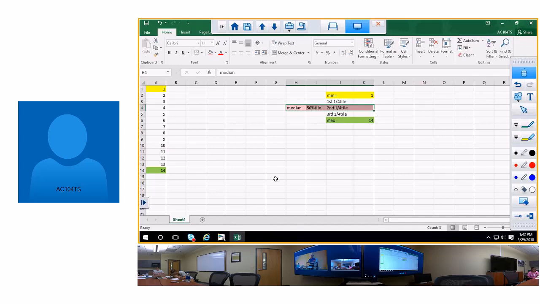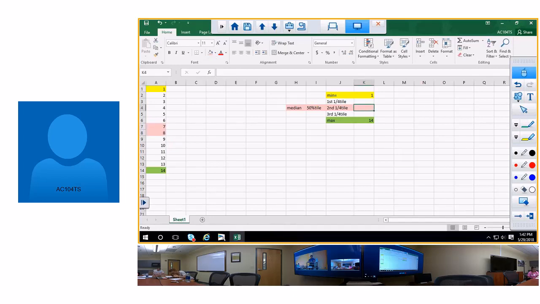Well, we've got 14 numbers, so we're going to have to add the middle 2 together and divide by 2. Let's count. 1, 2, 3, 4, 5, 6. 1, 2, 3, 4, 5, 6. So there's our 2 numbers.